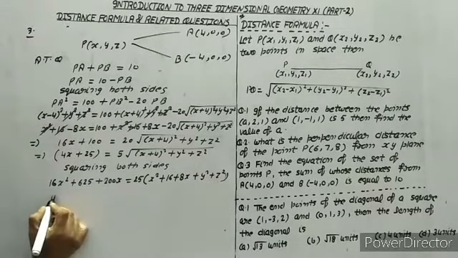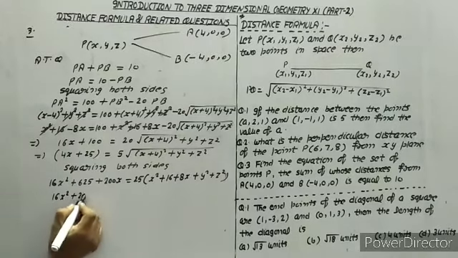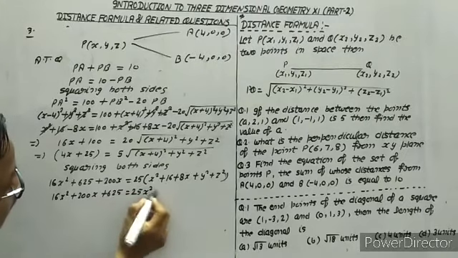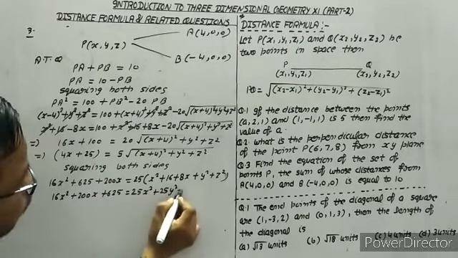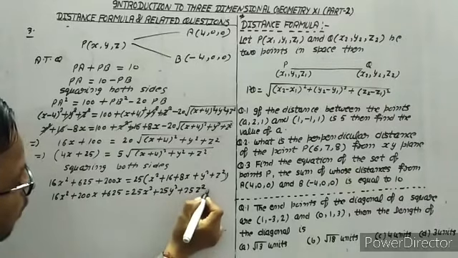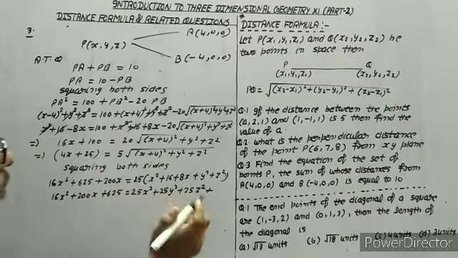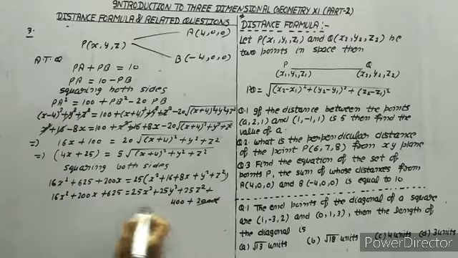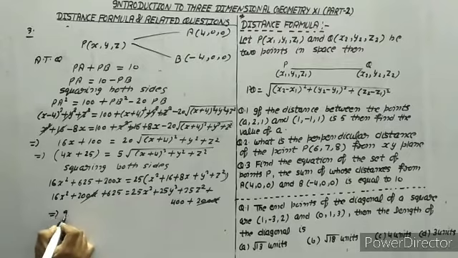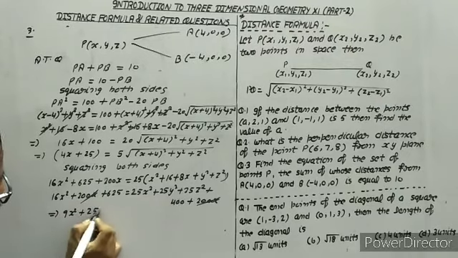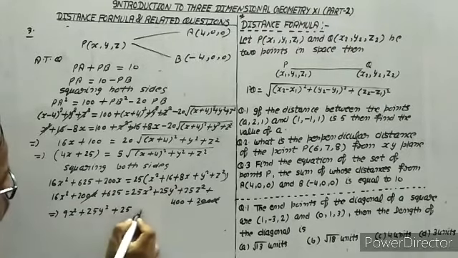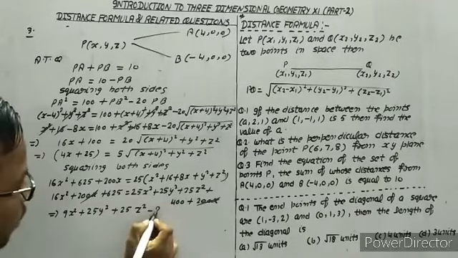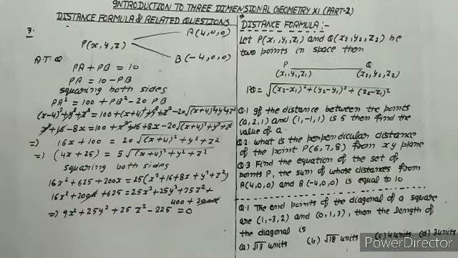It means 16x square plus 200x plus 625 is equal to 25x square plus 25y square plus 25z square plus 25 times 16, which is 400, plus 200x, and this 200x cancels out. It means this becomes 9x square plus 25y square plus 25z square minus 225 is equal to 0, after shifting that term.